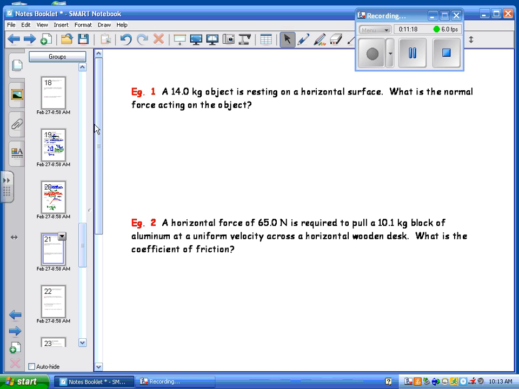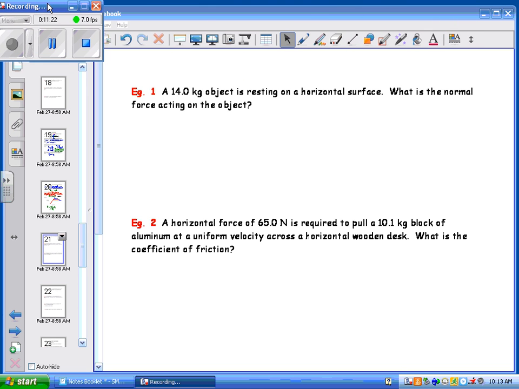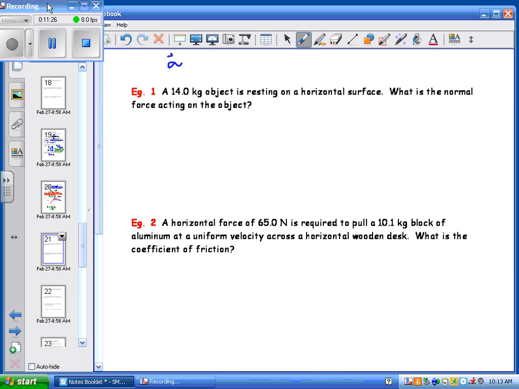So what we actually have happening here is, let's remind you of some of the formulas that we have to work with. We have F net equals mass times acceleration. We have Fg equals mass times acceleration due to gravity.